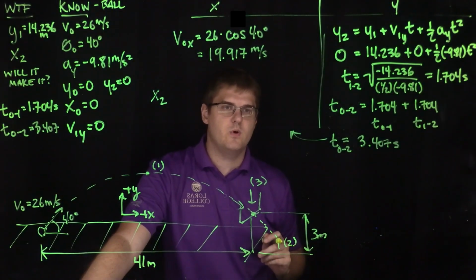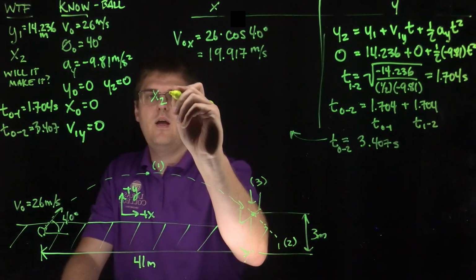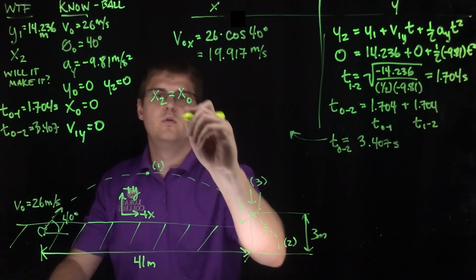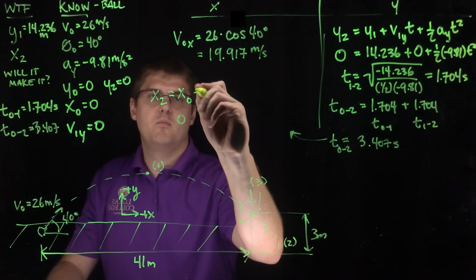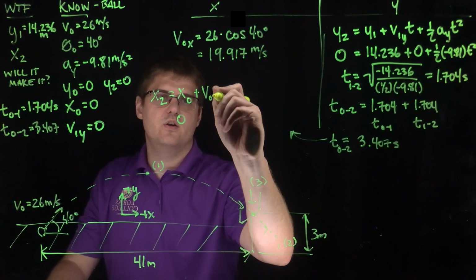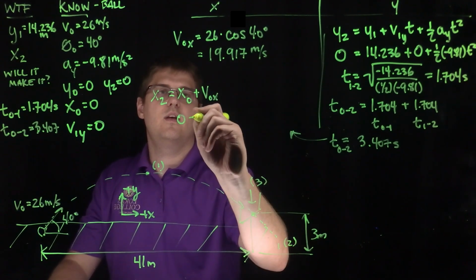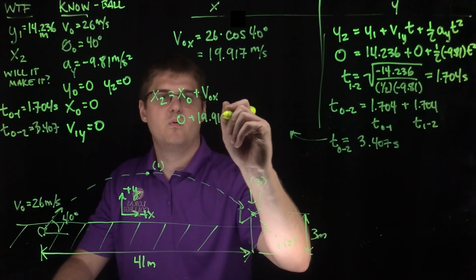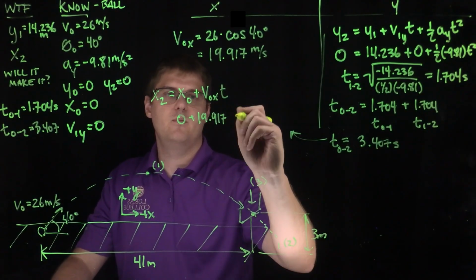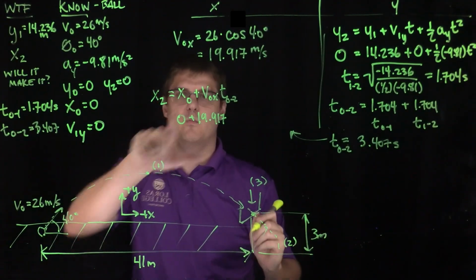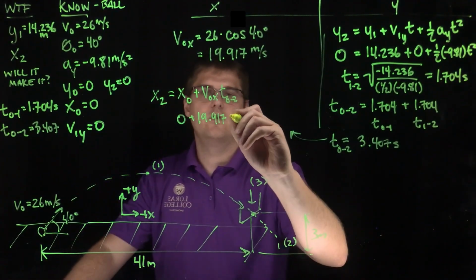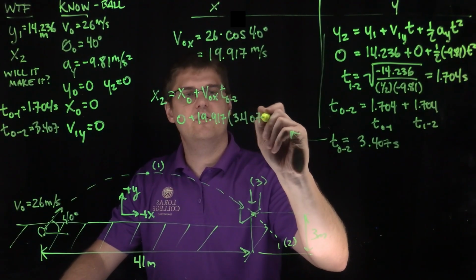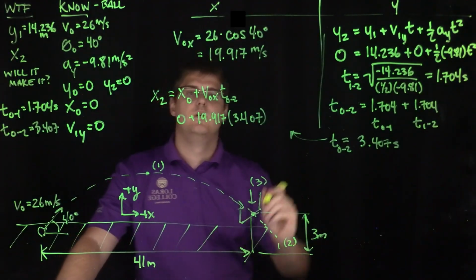Where is the position where it hits the ground? x2 is going to be equal to x0, which I have as 0, plus velocity initial in the x, which is 19.917, times my time from 0 to 2, because I'm working between 0 and 2 here. So that time is 3.407 seconds.